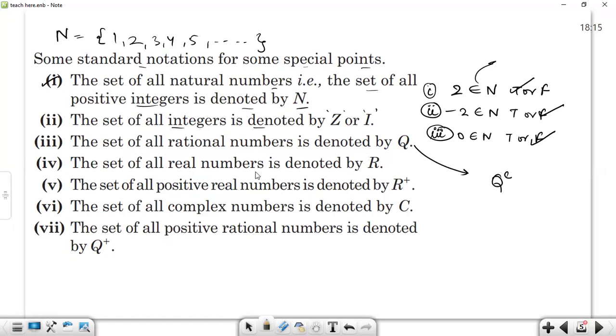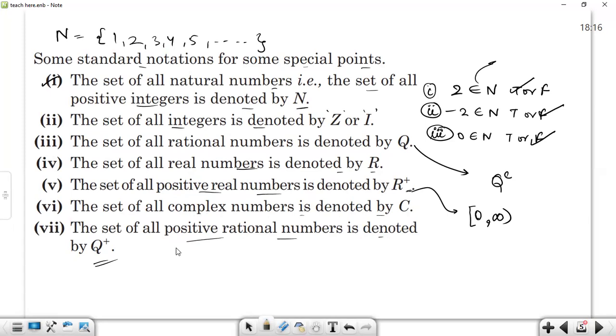The set of all real numbers is denoted by R. The set of all positive real numbers is denoted by R positive, which runs from 0 to positive infinity. The set of all complex numbers is denoted by C, and the set of all positive rational numbers by Q positive.